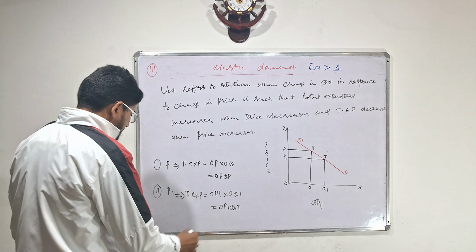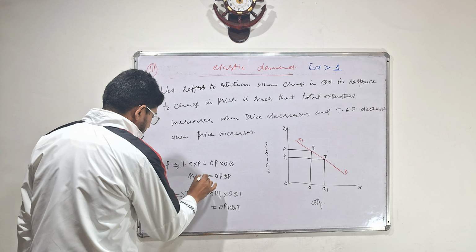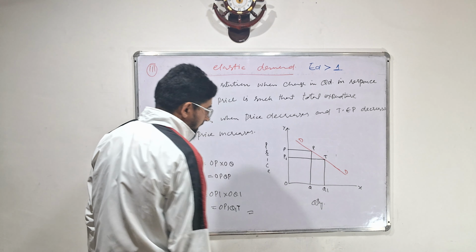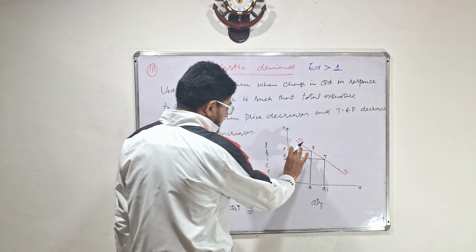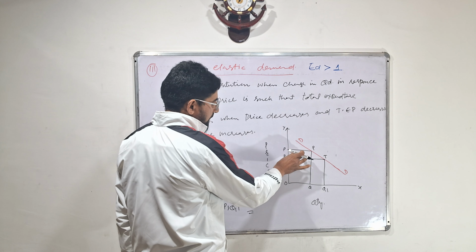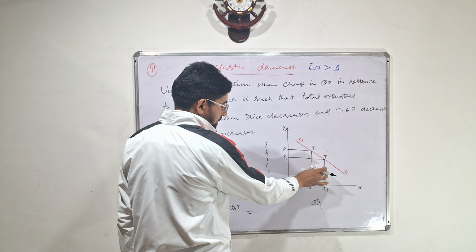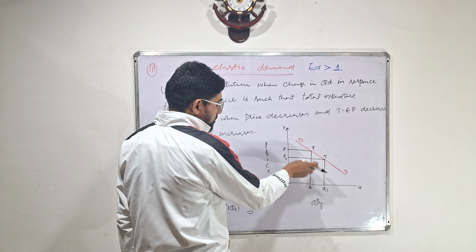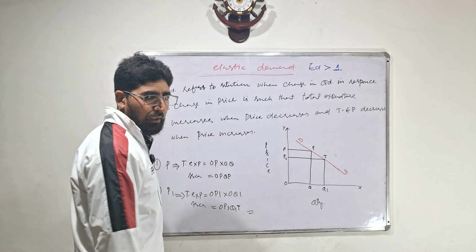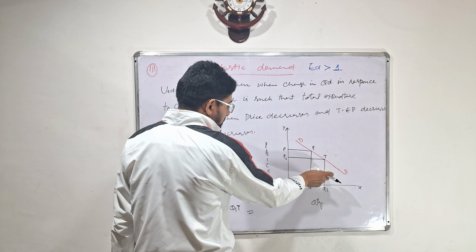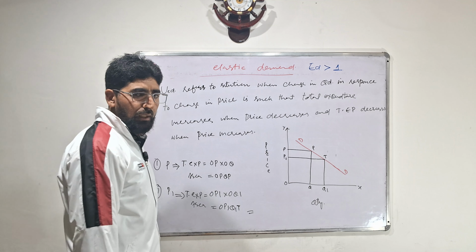What does this show us? If we analyze and observe, this area is very small, but this is a large area. This is a single-time area and this is a double-time area. It means a small change in price leads to a greater change in total expenditure.